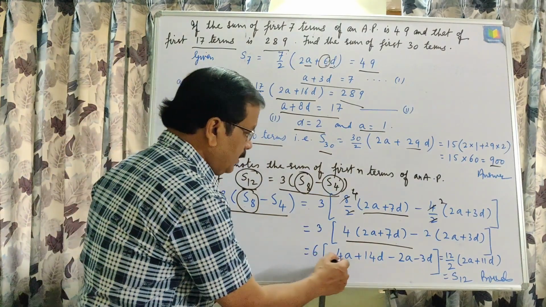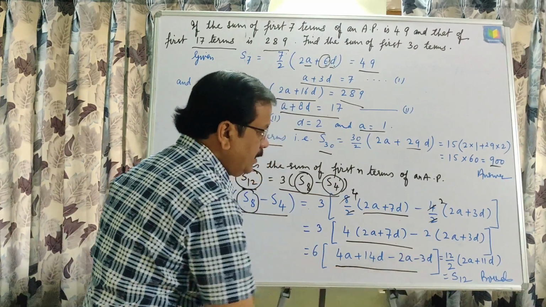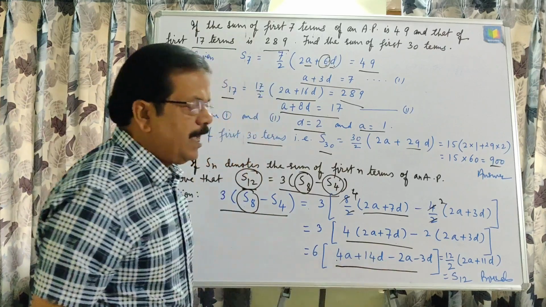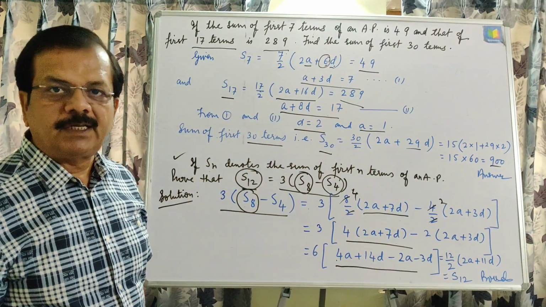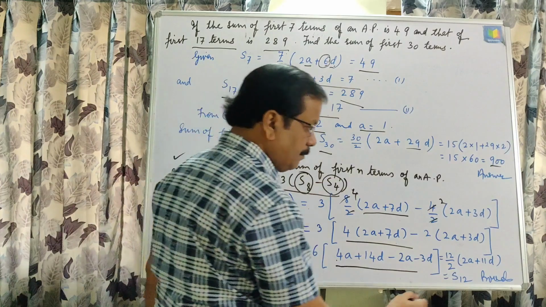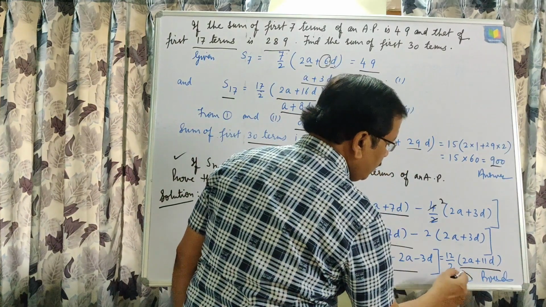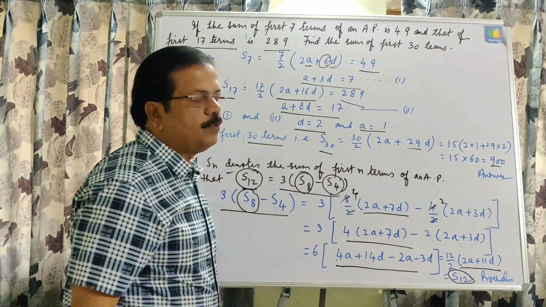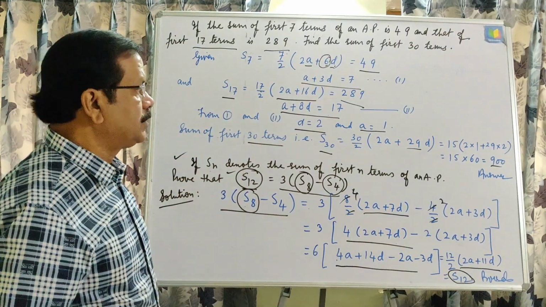Now taking 2 common, this can be rewritten as 2a + 11d, and 11 means 12 minus 1 into d, and that is why this is the summation of the 12 terms, and this is S12, and this is what we had to prove. Okay, this is all about this question.